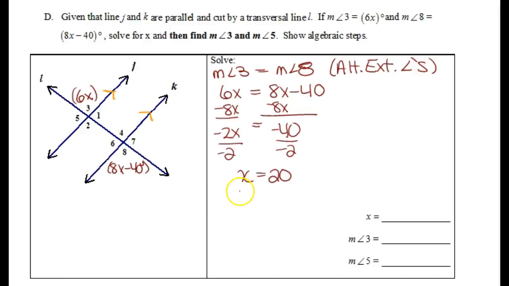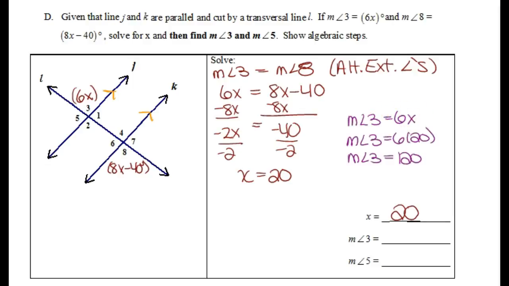When we solve, we get x equals 20. To find the measure of angle 3, we're just going to do a substitution. So the measure of angle 3 is 120 degrees.